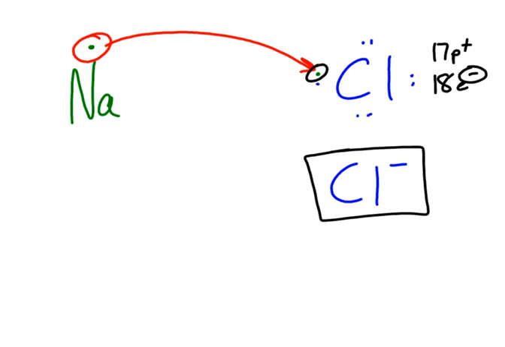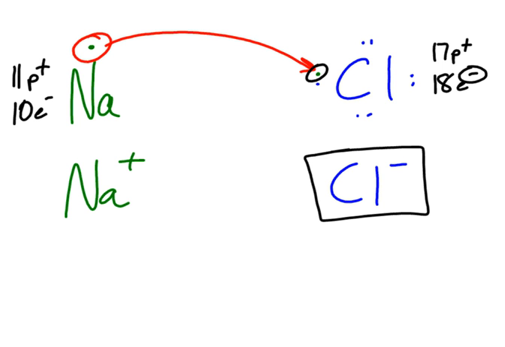Sodium lost its electron. It still has 11 protons, and it had 11 electrons, but it lost one. So now it has 10 electrons, and that results in a sodium plus, because now I have more protons than electrons.